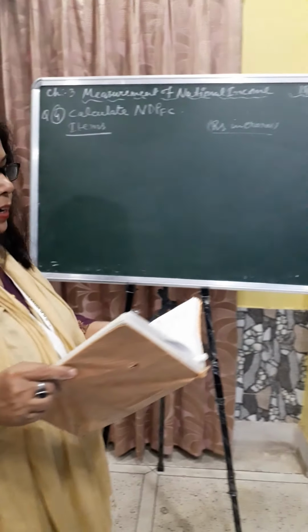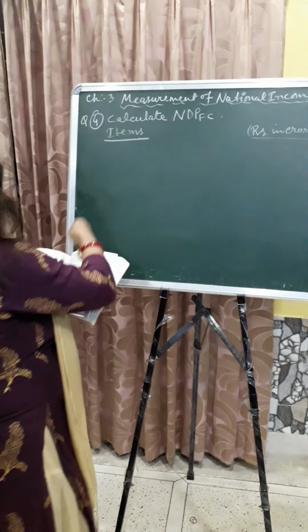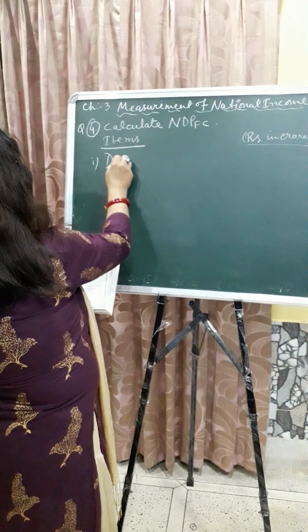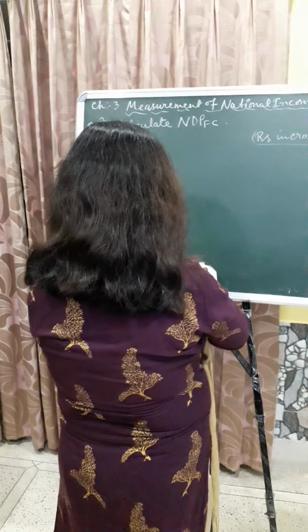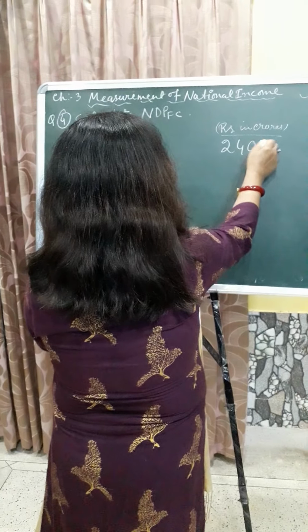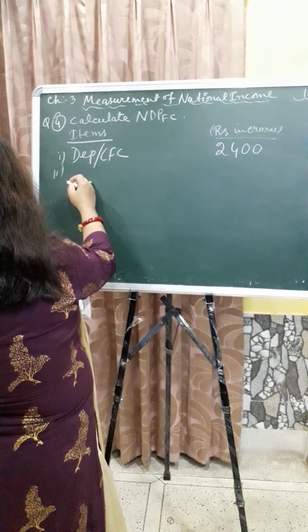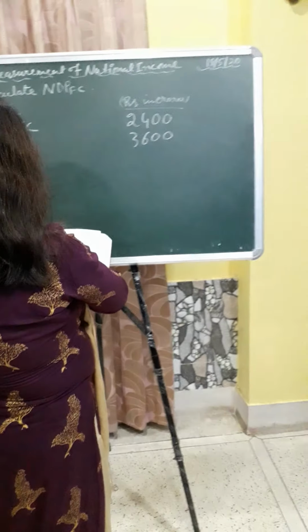Calculate NNPFC and NDPFC. First write the items. Number 1, depreciation or CFC, consumption of fixed capital, value 2400. Number 2, IT, 3600. Number 3, subsidies, 300.